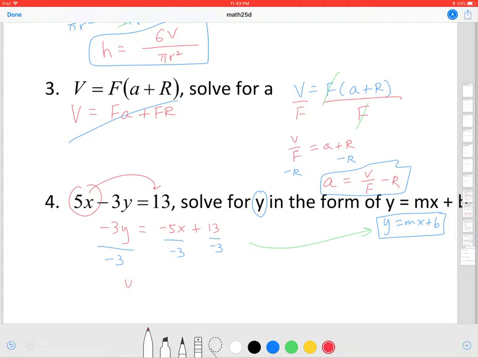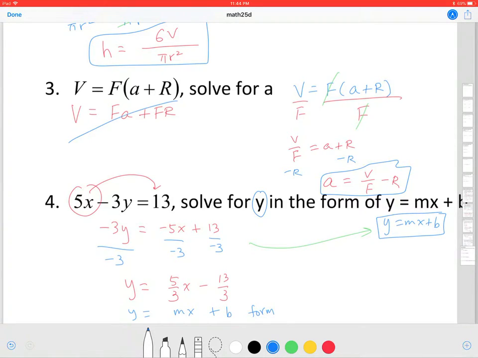What it will give me is y is equal to positive 5/3, because I have negative 5 divided by negative 3, which gives me positive. The second term is negative 13 over 3. If you look at it carefully, that is now mx plus b form.